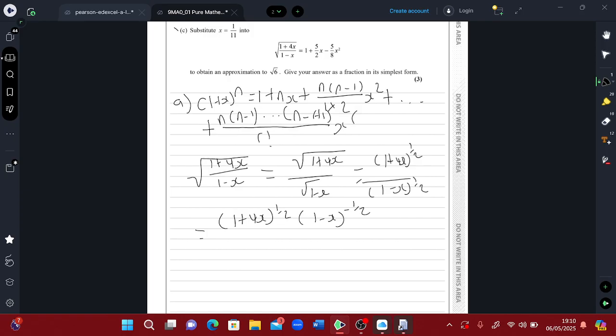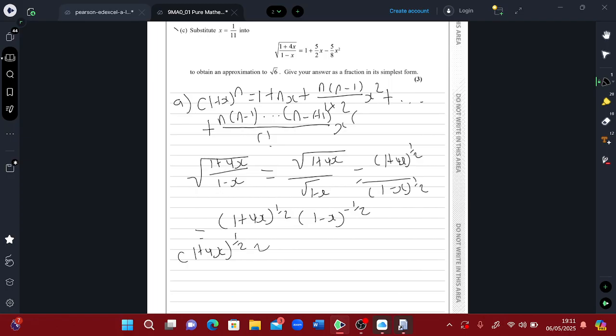When we multiply it out, we're going to need to go up to x squared here and up to x squared here, to make sure we get every single x squared term, so that we get the answer. So that's what we're going to do here. So (1 plus 4x). And if you're unsure, you can just do a few terms and then see what happens.